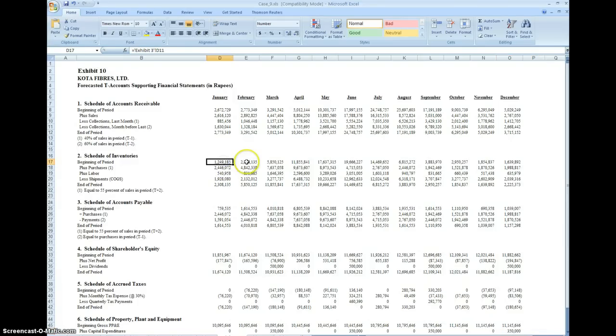Again, this is the monthly change in inventories as we saw last night. Let's look at the purchases, for example. That's based on, again, 2 months forward sales, and 55% of that.